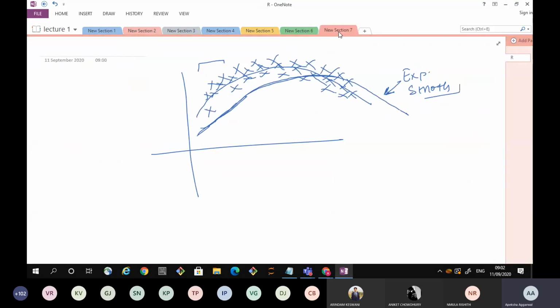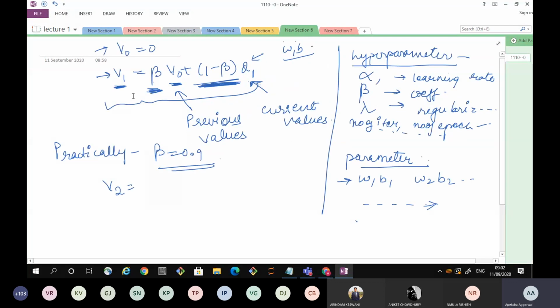As we keep on increasing beta, the curve would go on shifting more towards the right. This means that as we keep on increasing beta, we are giving more weightage to V naught. That is, we are giving more weightage to previous values instead of our current value.